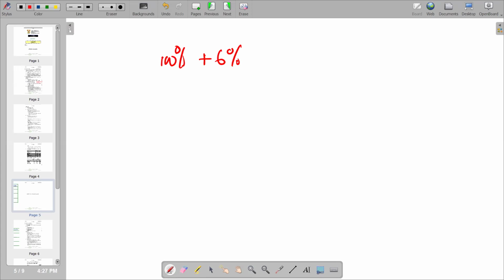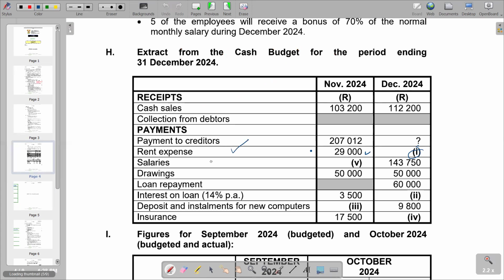So if you say 100 plus 6, the new position will be 106%. So the initial position is 100%, and the new position becomes 106%. In terms of the calculation now, the 100% is given of the previous position. We look at the amount that we have for 100%, which is 29,000.